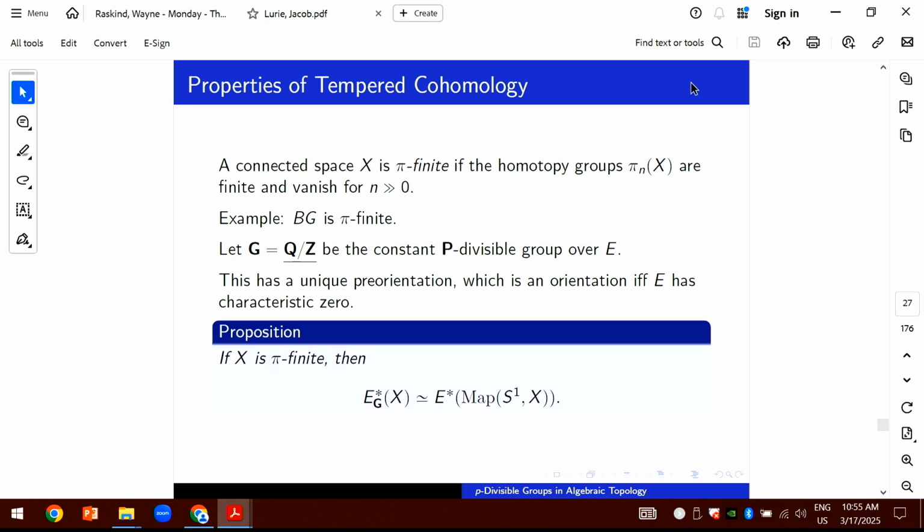But anyway, you can do this construction in that case, and when you compute the G-tempered cohomology of X, you get the usual cohomology of a space, but that space is no longer X. That space is instead what's called the free loop space of X, the space of all continuous maps from a circle into X. Calling this a proposition, once you unwind the definitions, this is more or less trivial. There's nothing that involved in proving this other than processing the definition.